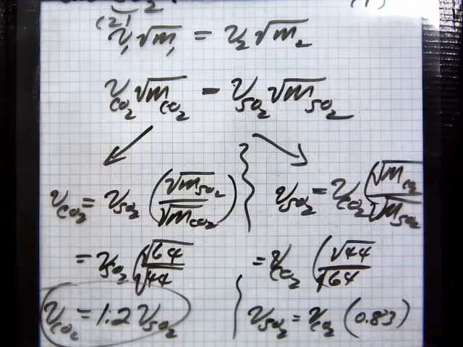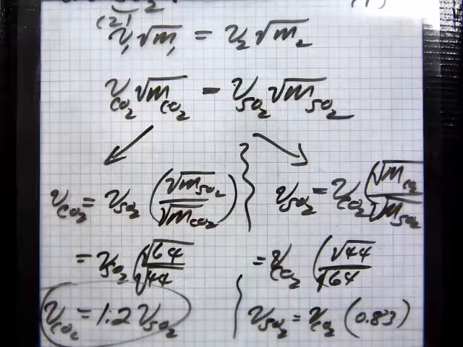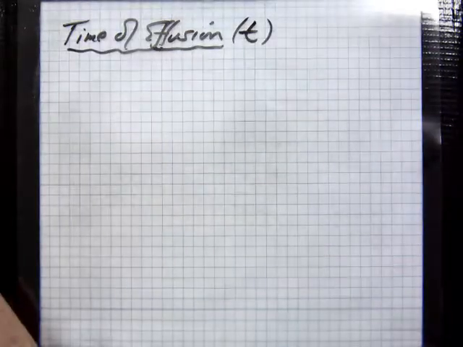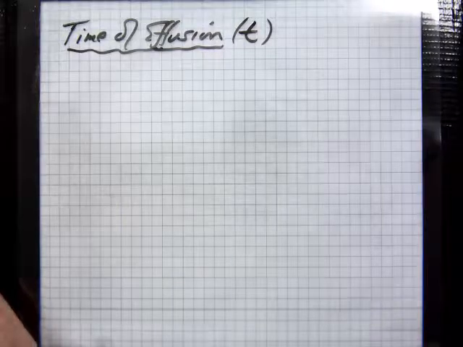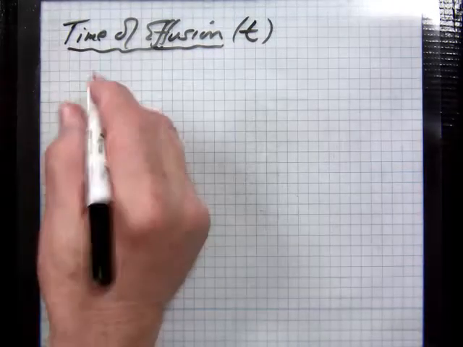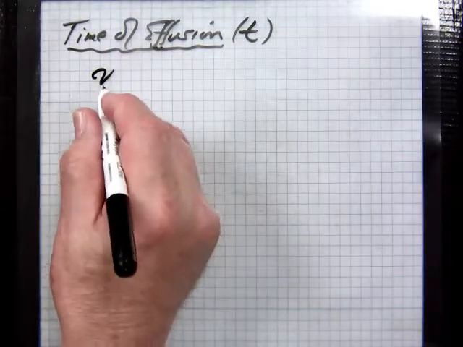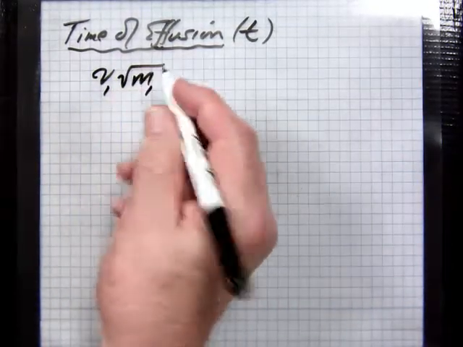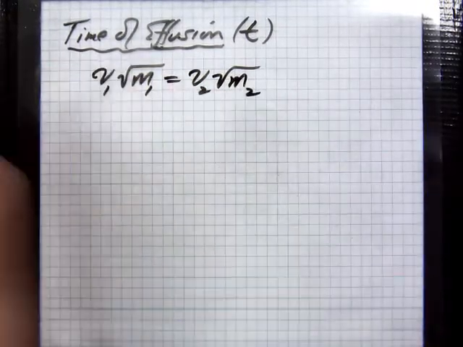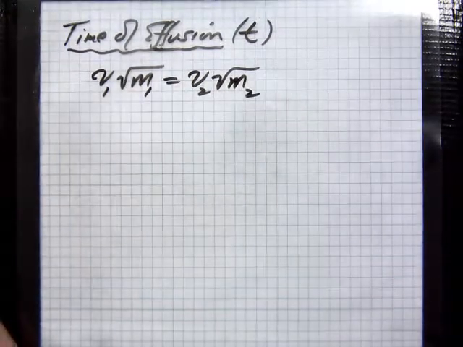Now, there is one specific problem out of this, and it's the time of diffusion. Graham's law, the basics of Graham's law, is particle comparative. V1 on square root M1, and that's V2 on square root of M2, two particles, just like I showed you a moment ago.